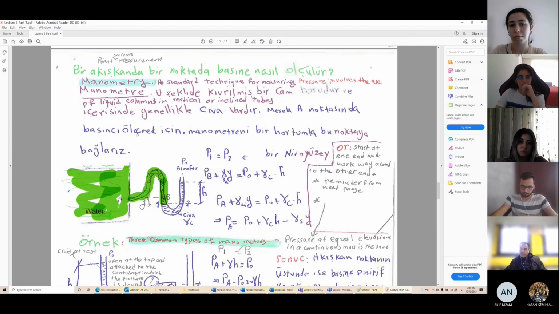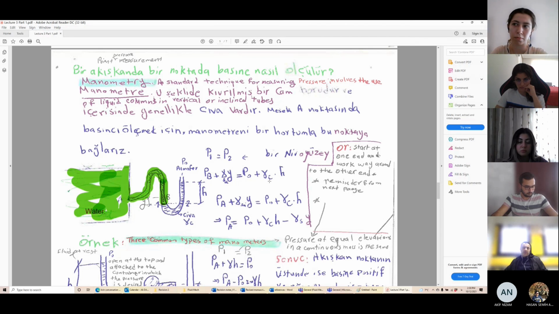Therefore, pressure at point 1 equals pressure at point B plus gamma H. Which gamma? From here to here, I see that I have water, the green one. Therefore, I wrote gamma of water. Pressure at point 1 equals pressure at point B plus gamma of water times Y. Here, H equals Y. How about from the right hand, P2 equals atmospheric pressure, P0, you can neglect it also, plus gamma of this liquid times H of this liquid, gamma of mercury.